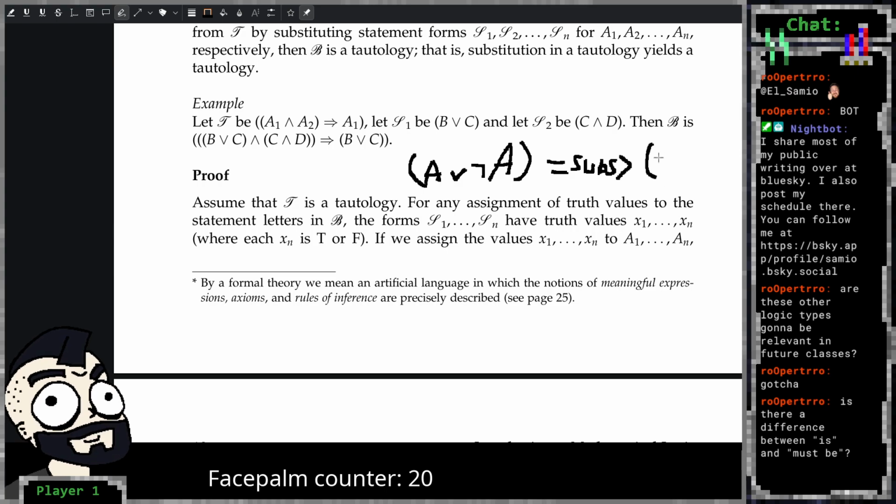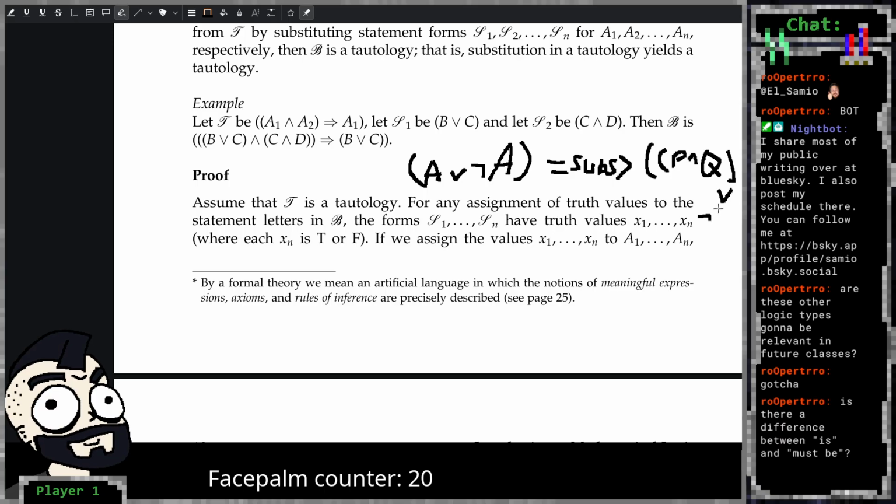So for example, if I substitute A for P and Q or not P and Q, it doesn't matter what P and Q is or A is, because in the end, the structure remains constant. If one side is true, the other is false.